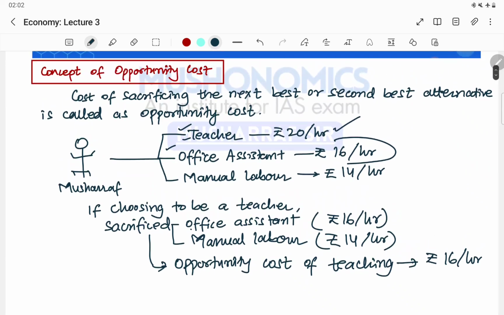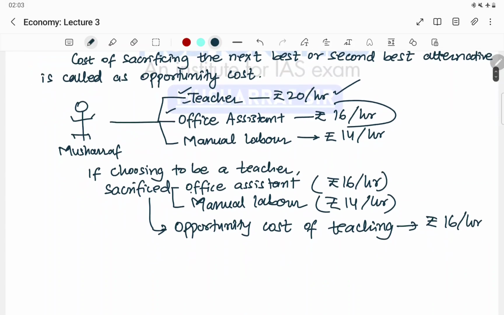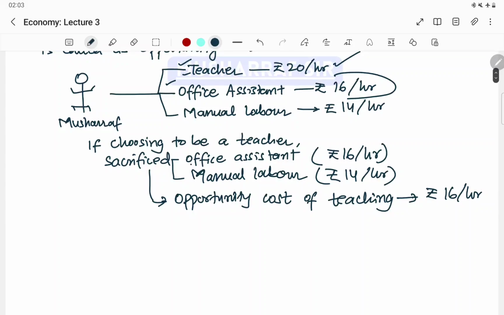Right? What do we mean by this? What is the utility of this? So we have understood sacrificing the second best alternative that the person has. But what is the USP of it? What we have to understand here is Musharraf will remain in teaching as long as teaching pays anything above rupees 16 per hour, because rupees 16 per hour is his opportunity cost.